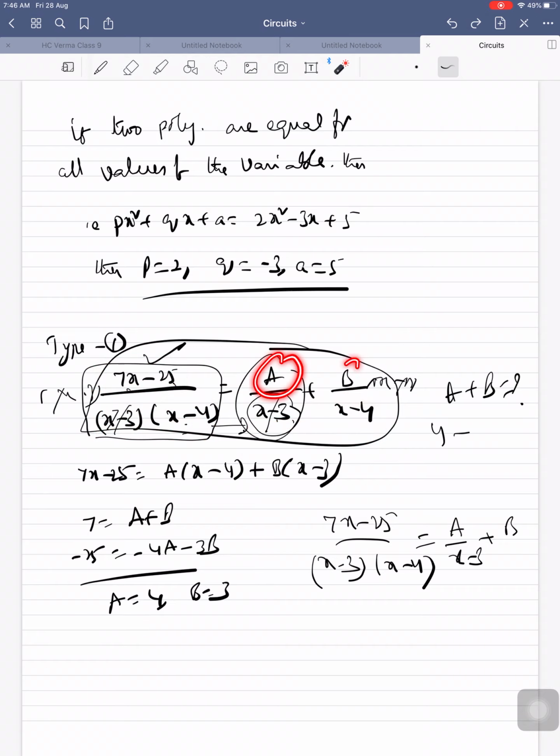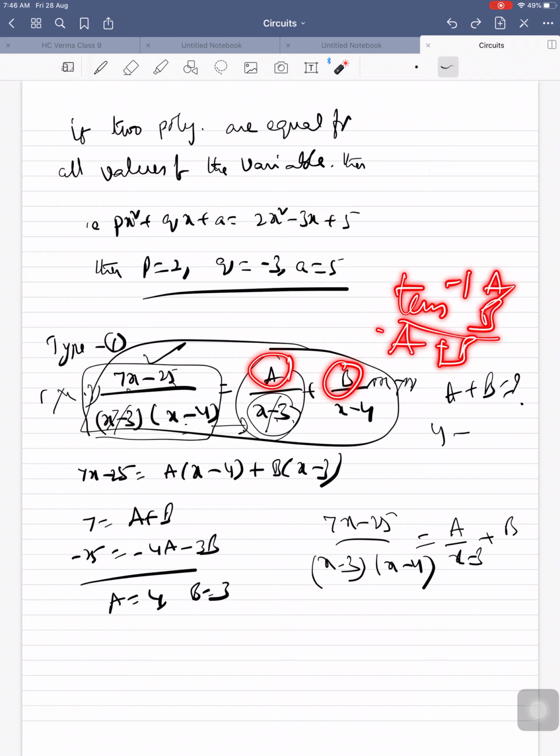Then what is the value of A and B? In the examination, they will ask what is A plus B, or what is tan inverse A by B. So like that, they will ask multiple questions.